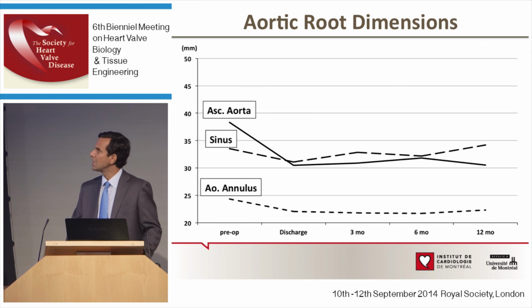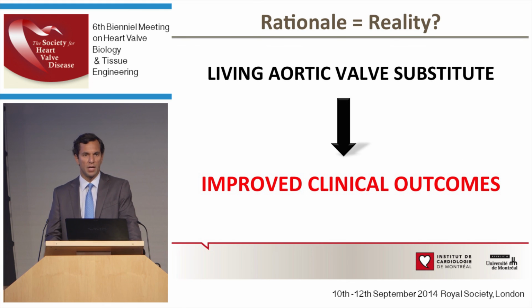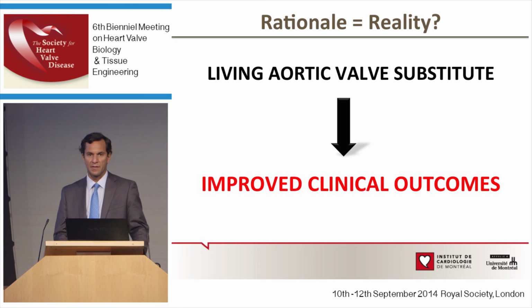So what was a rationale behind an operation and a principle perhaps may be translating into reality, and the living aortic valve substitute may actually translate into improved clinical outcomes as we see in these patients.